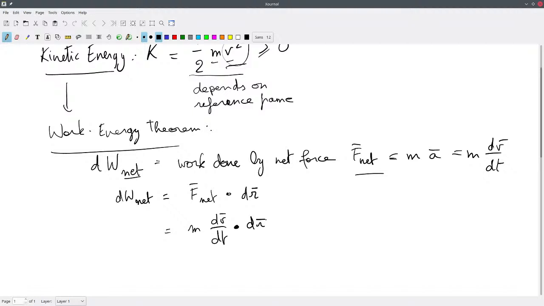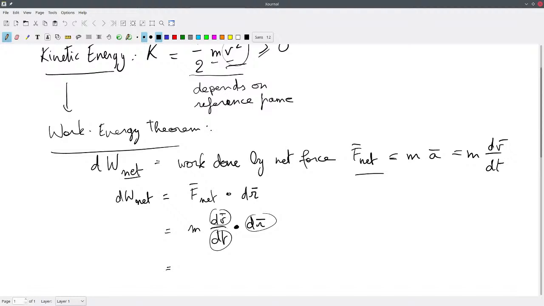And now we'll do something that physicists like to do and that mathematicians always cringe at, which is we're going to think about these dv's, dt's, and dr's as independent. So instead of thinking of dv dt as a derivative, we're going to think of that as the ratio of dv over dt, which really is pretty close to what a derivative is.